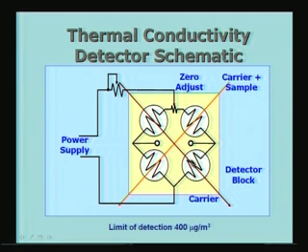So, these 2 which are exposed to the carrier gas will be at a slightly lower temperature with respect to carrier plus sample, if the sample when you add to carrier reduces the thermal conductivity of the mixture. Okay, that is very important. If the carrier has a very high thermal conductivity and the sample gas has a very low thermal conductivity, it will reduce.